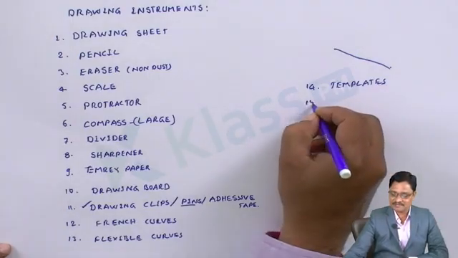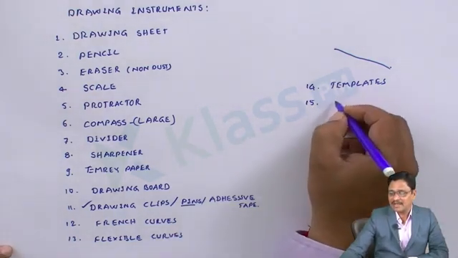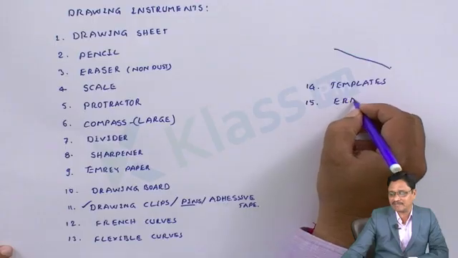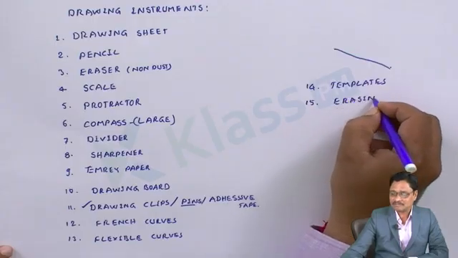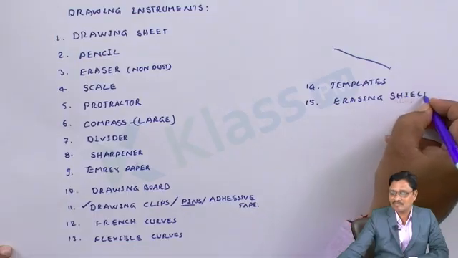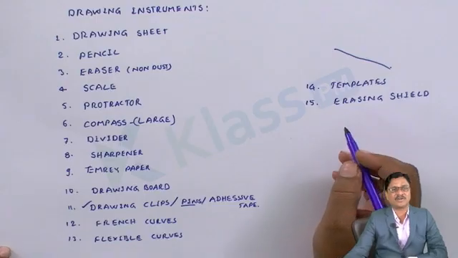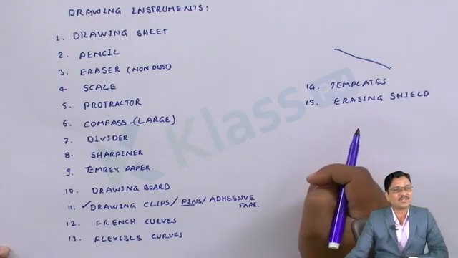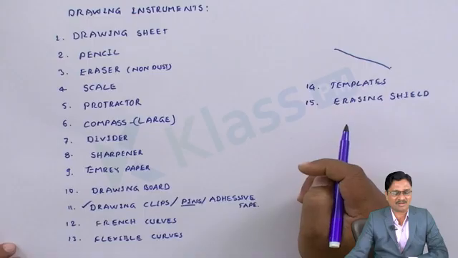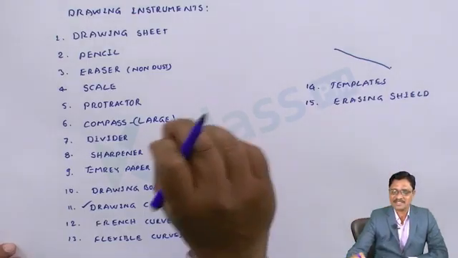Next, there is the erasing shield. As the name itself says, shield is protection. Erasing is when you want to erase. Normally, when you have prepared a big drawing and want to make corrections in particular places, you can erase.